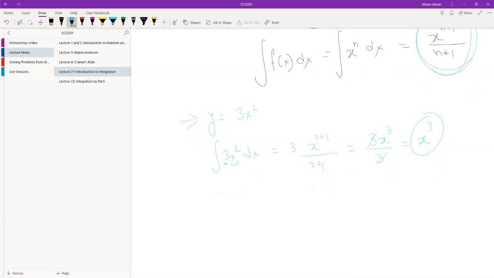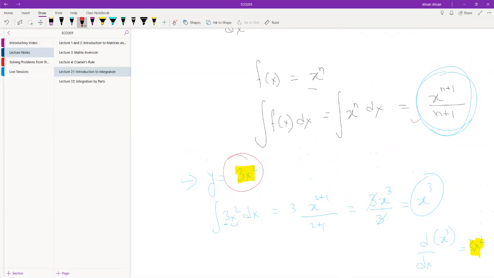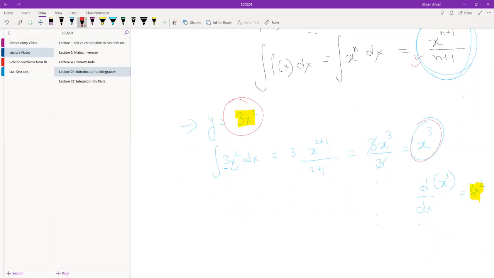If you differentiate x cubed, you get 3x squared, which is what we had. We took this function and applied this formula, which gives us a function that, if we differentiate it, takes us back to the origin.